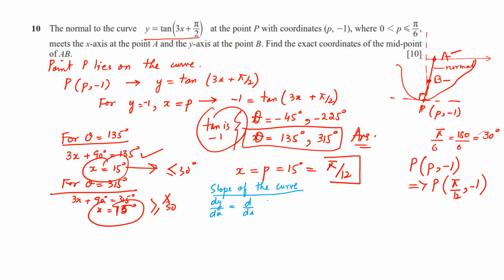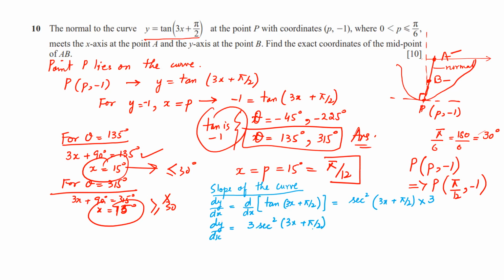the derivative of tangent of 3x plus pi by 2. So the derivative of tangent is secant square of 3x plus pi by 2, multiplied by the derivative of whatever is inside, the derivative of 3x, which is equal to 3. So the slope dy by dx becomes equal to 3 secant square of 3x plus pi by 2.